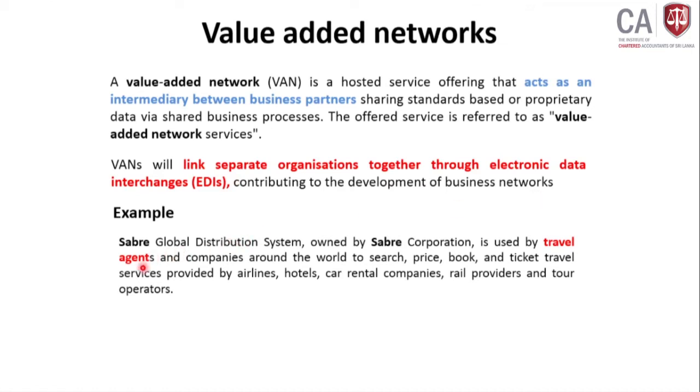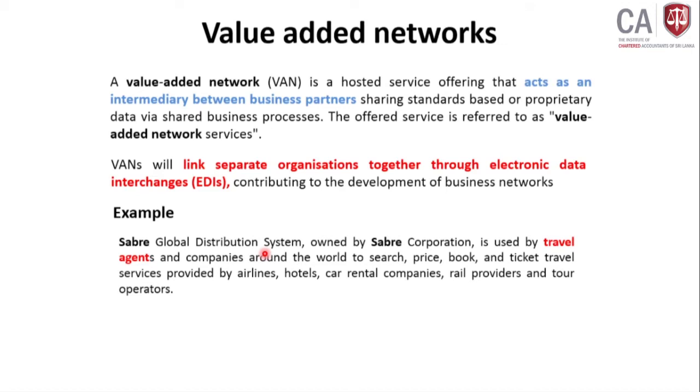As an example, Sabre Global Distribution Network, you may have seen that all the travel agents are using this system, because one travel agent company will book a ticket for you. So, that information will be fetched, retrieved from some other system. That is the value added network provided by Sabre Global Distribution System.